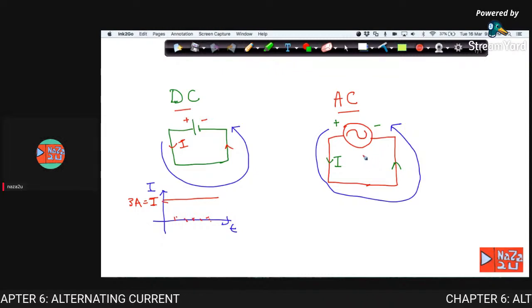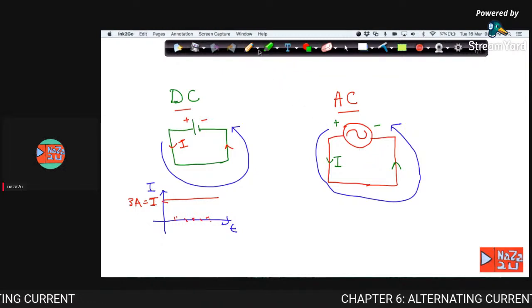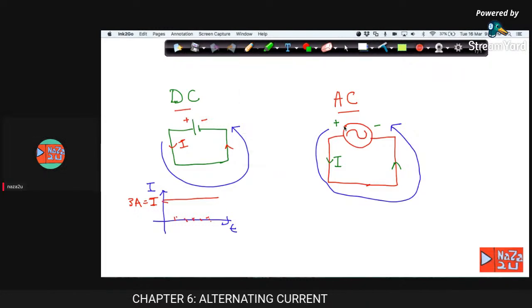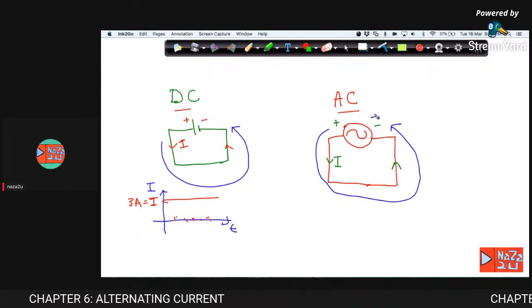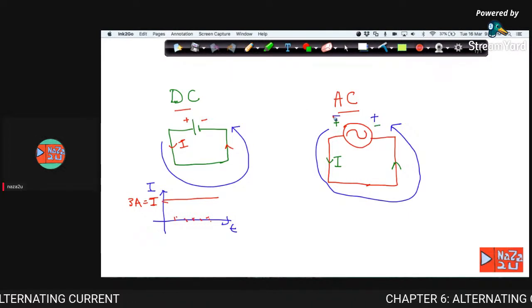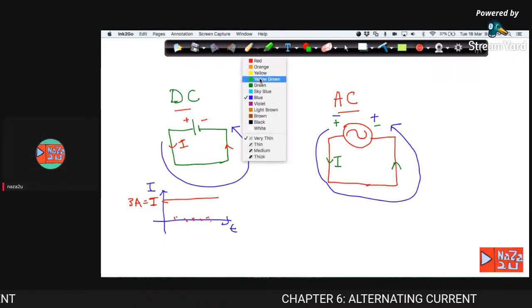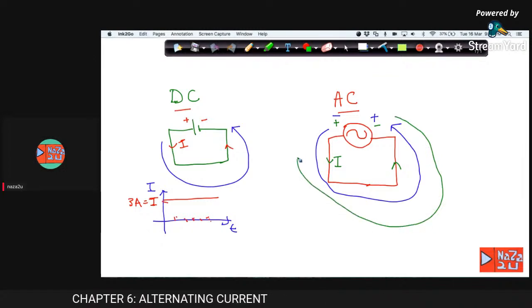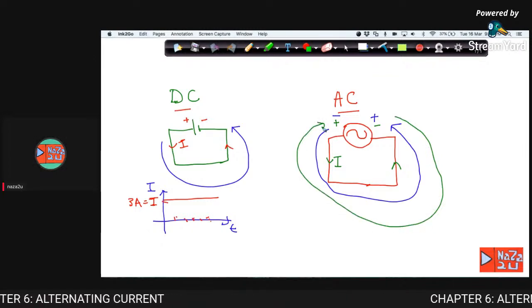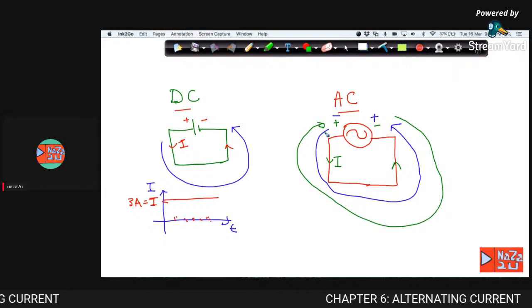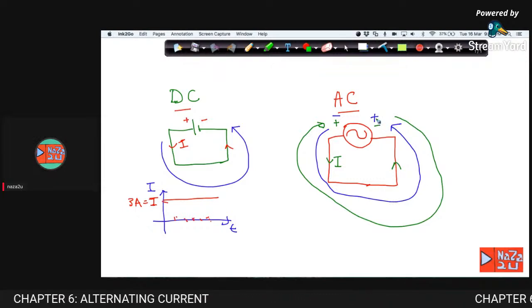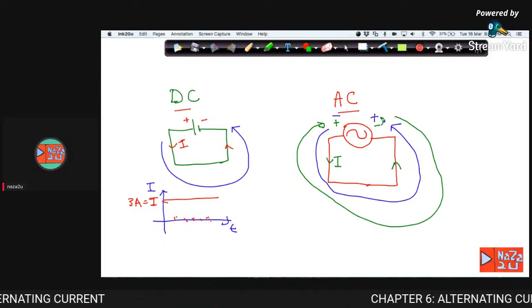Ini kita katakan sebagai satu first cycle, cycle pertama. The second cycle, tanda positif yang kita ada tadi, sini dia akan bertukar menjadi negatif. So next cycle the current flow from positive to negative because dia berubah. You can refer to the blue color here from positive to negative, and the next cycle we have here is change from negative to positive.